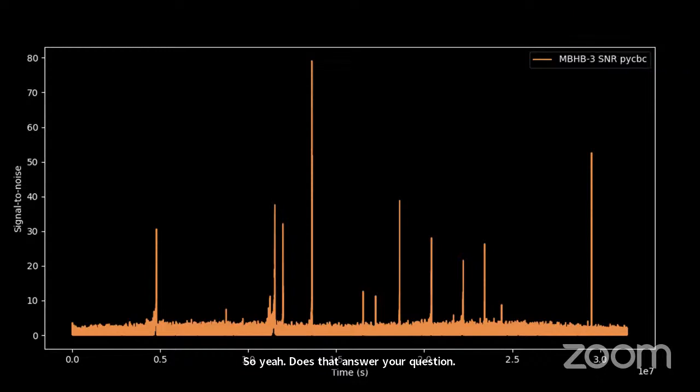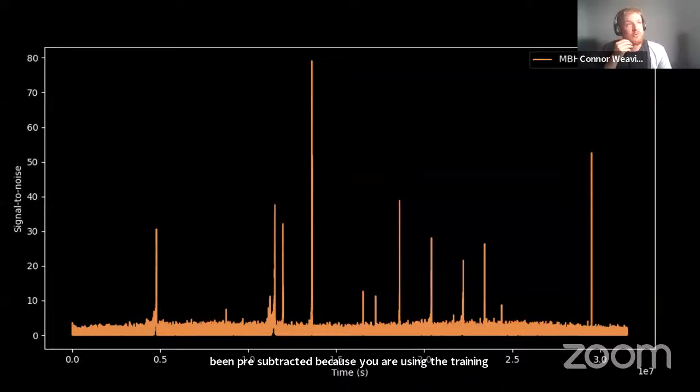Yep. And then a follow-up. So when you do this on the Sangria data, are you just powering through the galactic foreground, or are you using data where the galaxy has been pre-subtracted because you are using the training data and know what the right answer is, or what do you do? Yeah, so we are generating the A and E TDI streams.